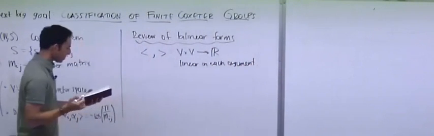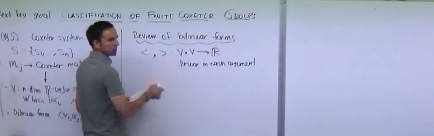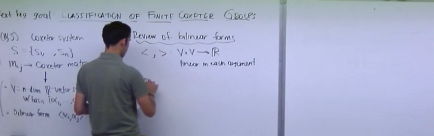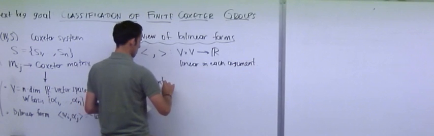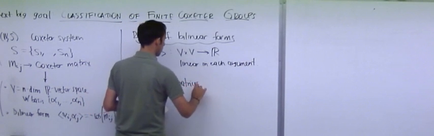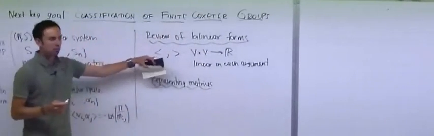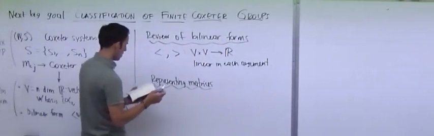Now, we can think of these more concretely if we choose a basis for V. So let's talk about what representing matrices are. Once you choose a basis for V, you're going to have a matrix that represents the bilinear form.